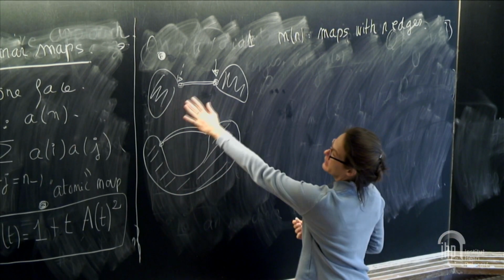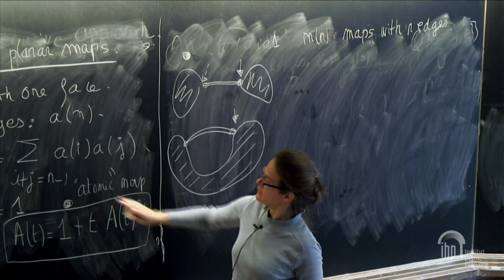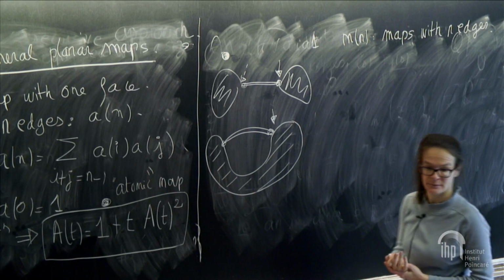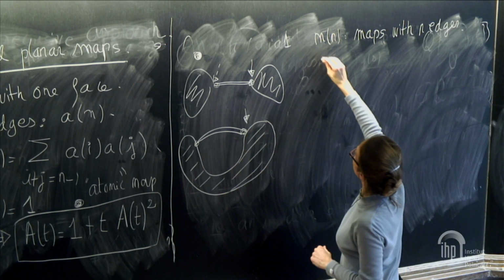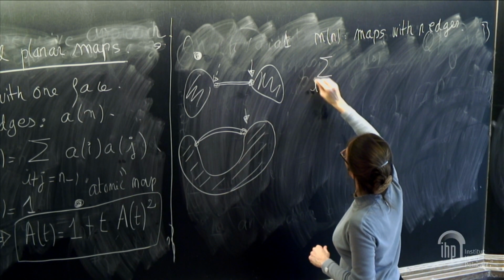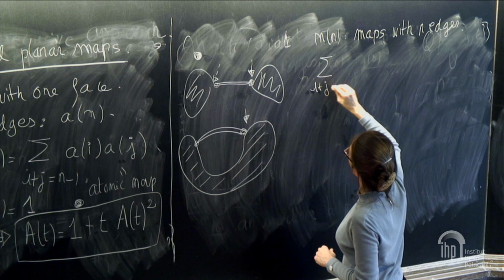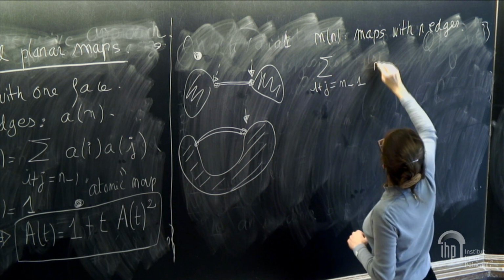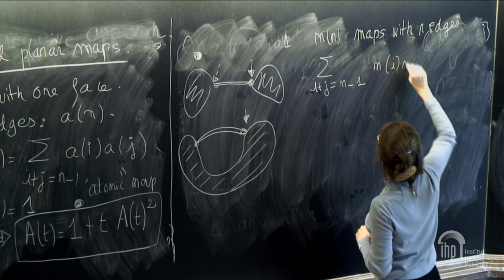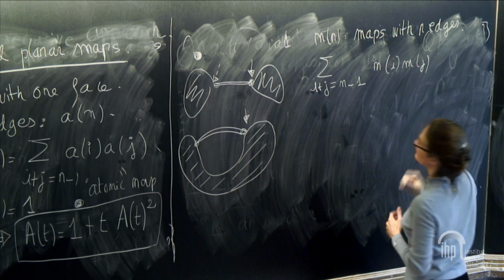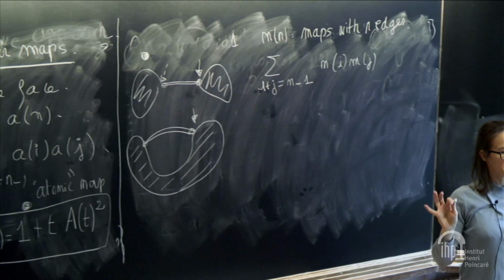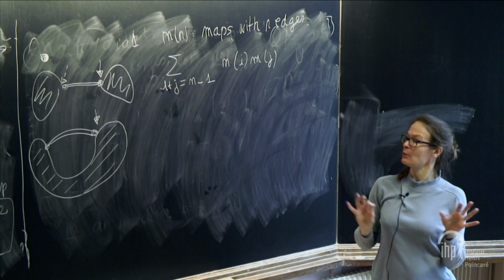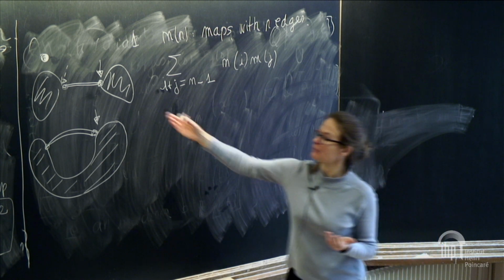And so I'm just concatenating 2 maps in the same way I was concatenating 2 trees here. So in this case, I get again the sum for all pairs i and j that sum to n minus 1 of M of i, M of j. Every pair of maps will give me, by adding one edge between them, a map of this type.